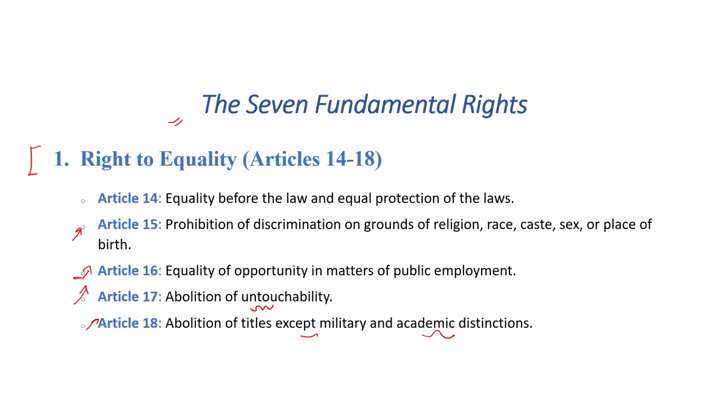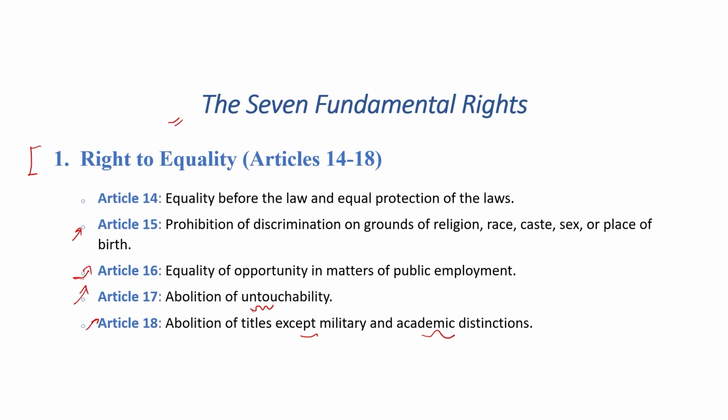Any title given by the British to any Indians is abolished by Article 18, except military and academic titles. Like there are posts in the military such as Subedar, and Padam Shri, Padam Vibhushan. These are academic distinctions, and Subedar, Nambardar are military titles. So apart from military and academic titles, all the titles will be abolished under Article 18.